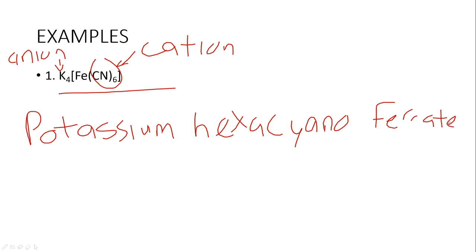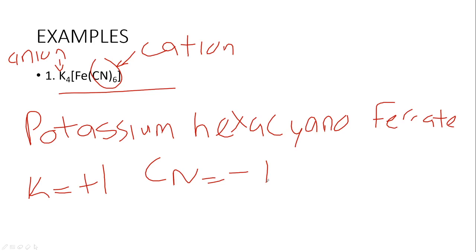Potassium hexacyano ferrate. Now the next thing I said in my rule, you always have to end the name with the oxidation state of the transition metal. Now we have to calculate the oxidation state. We know potassium has an oxidation state of +1, and cyanide has an oxidation state of -1. There are 4 moles of potassium here and 6 moles of cyanide ion here. It's so easy to calculate.